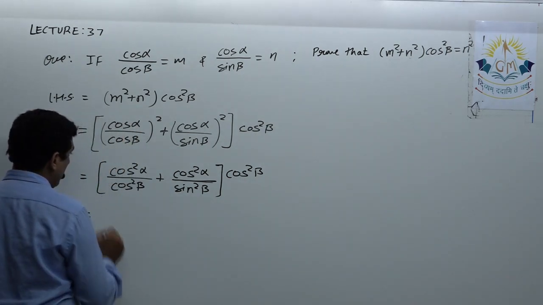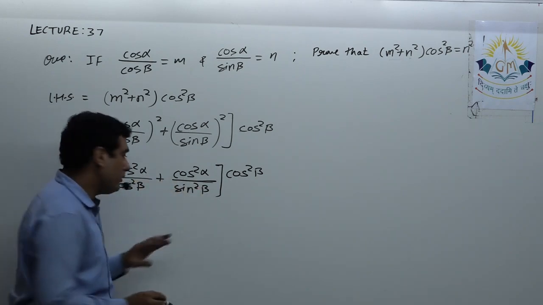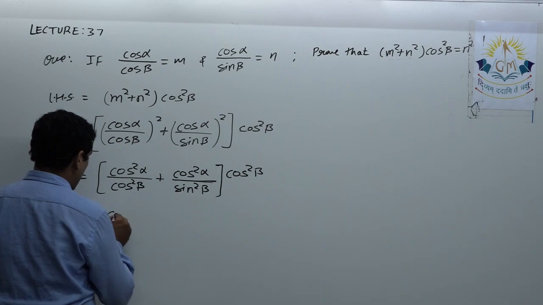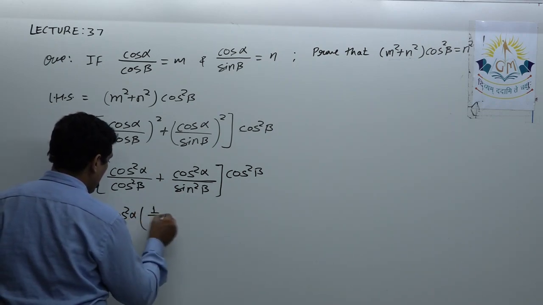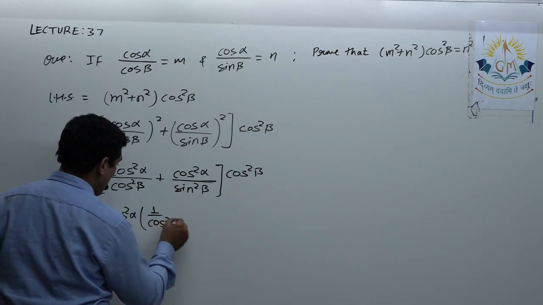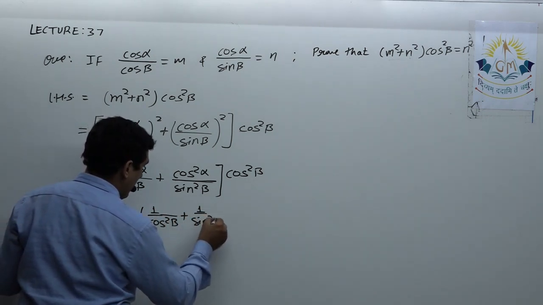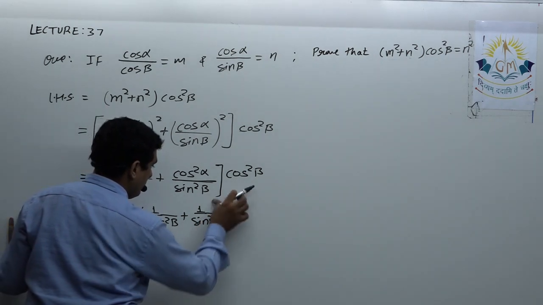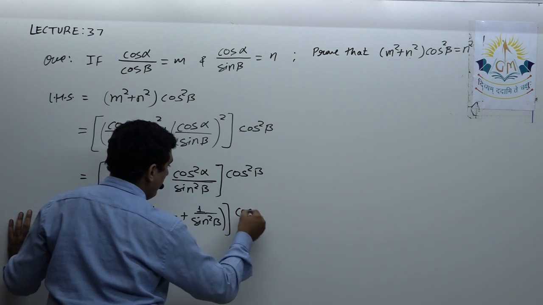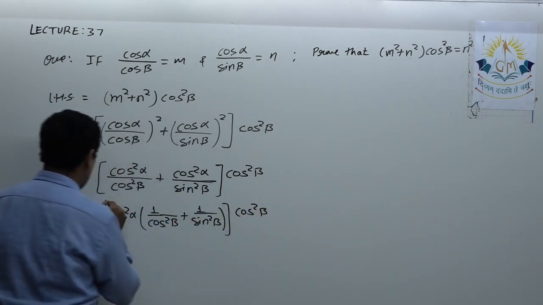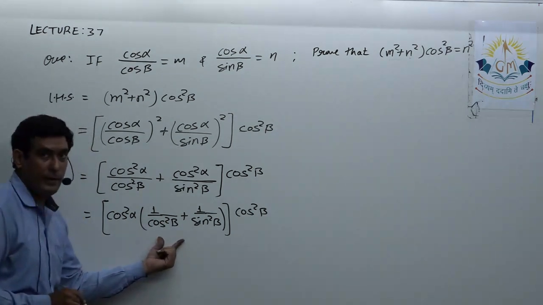Okay, so here if you observe, from numerator I can take cos square alpha common. So if I take cos square alpha common, here I will get 1 upon cos square beta plus 1 upon sin square beta, multiplied by cos square beta. Okay, now here I can take the LCM.